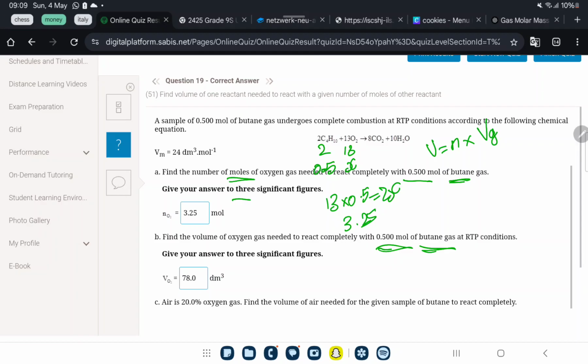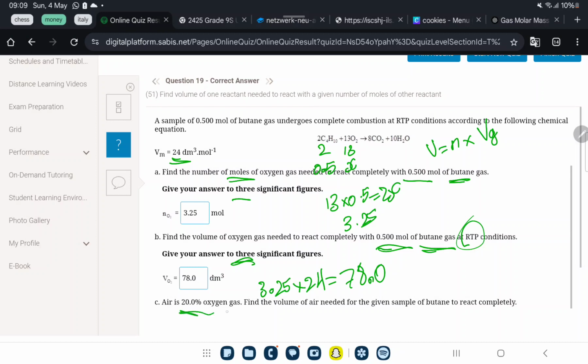Here it is in RTP conditions, so it's 24 decimeter cubed per mole. So 3.25 times 24, you get 78. Yes, 78. 3 significant figures, add a trailing 0, and that's it.